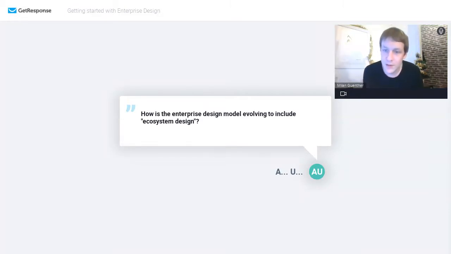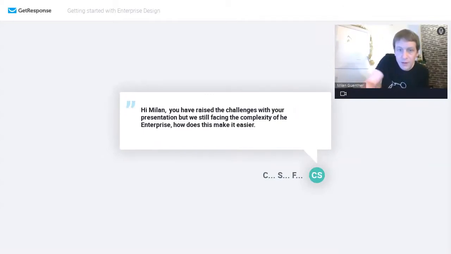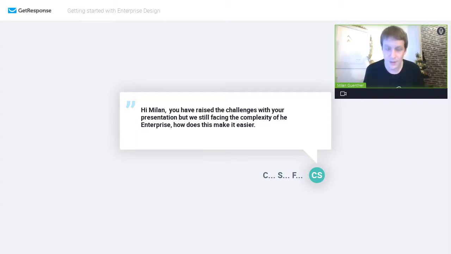So one question is, how do we deal with the complexity of this kind of environment and this kind of approach? Because you're talking about complexity, I think there is no simple answer.